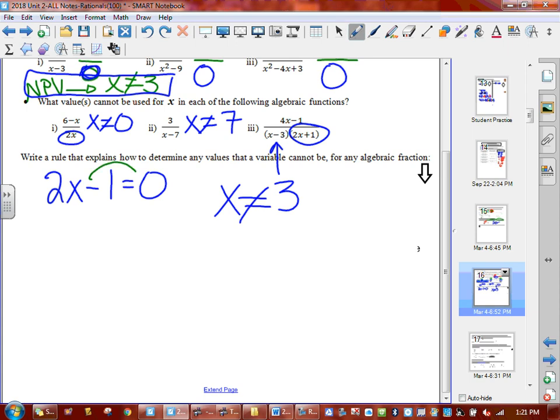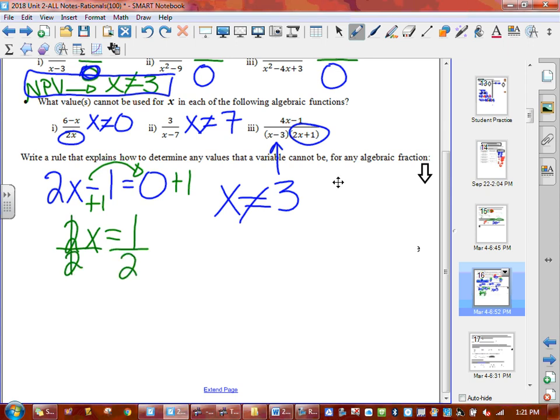So I get 2x equals 1. Now we divide by what's in front of x. Divide by your coefficient of 2, so we get x equals 1/2. So if x is equal to 1/2, I get a 0 on the bottom. Yes?